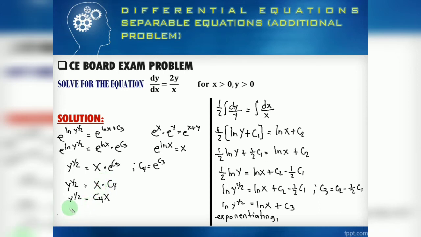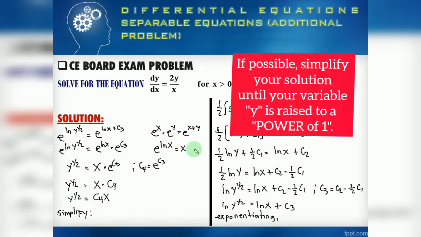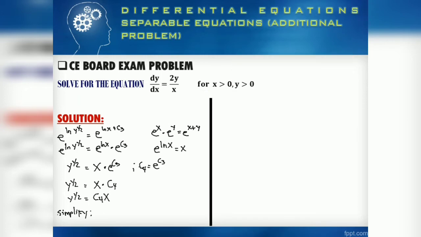Okay, so after that one, we need to simplify, because we still have an exponent on your variable y. So if possible, you will have your variable y raised to a single exponent. In this case, still we have 1/2, so we have to simplify this one. y raised to the 1/2 is equal to c4 times x.